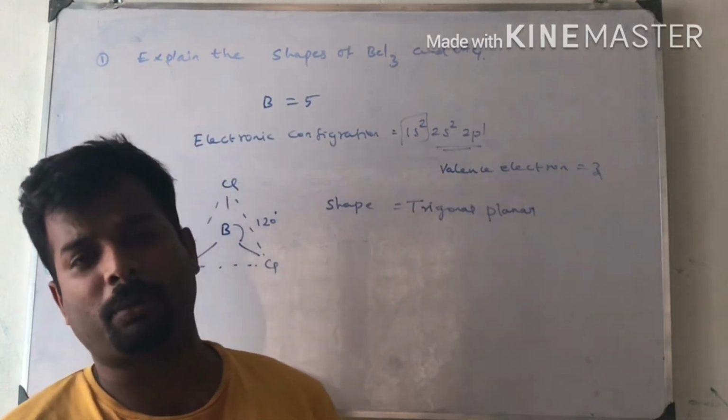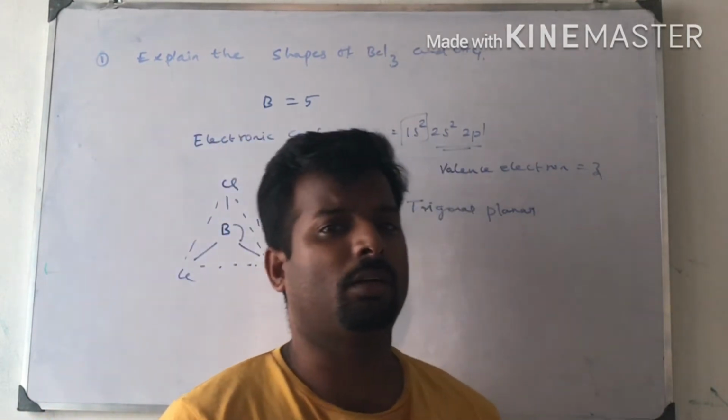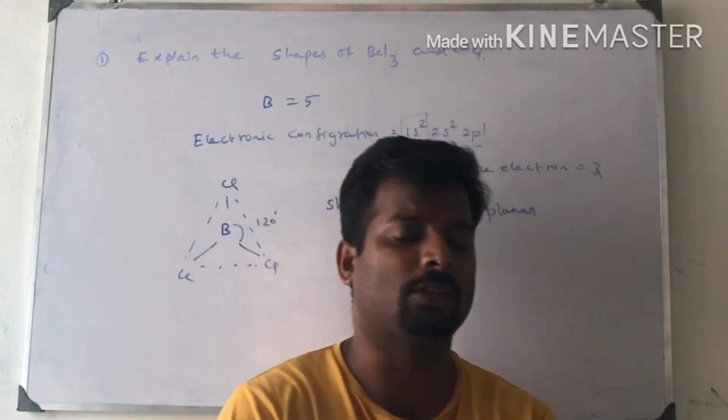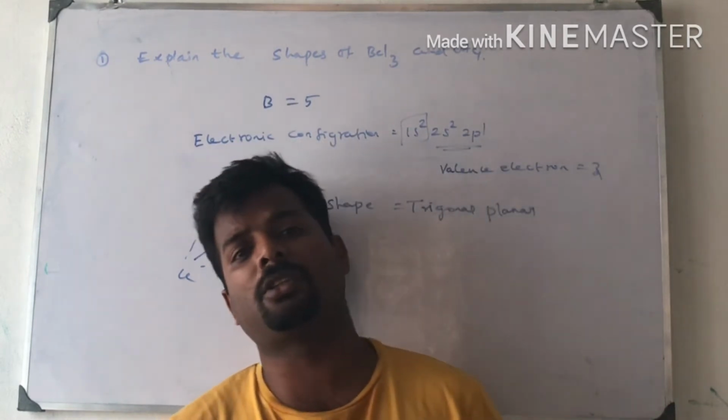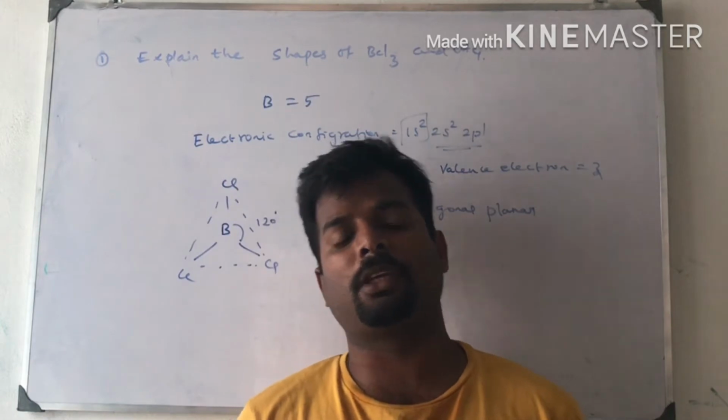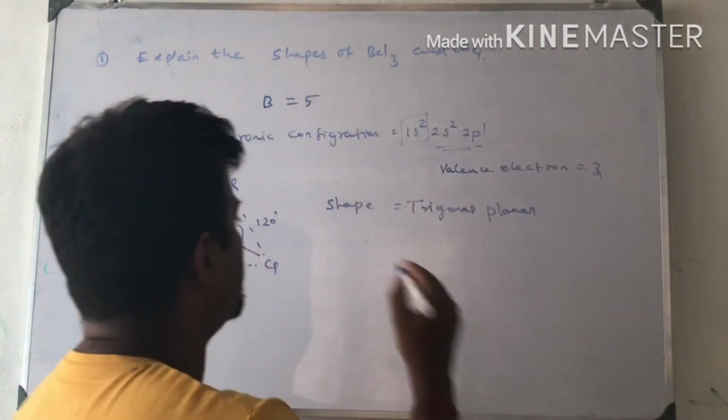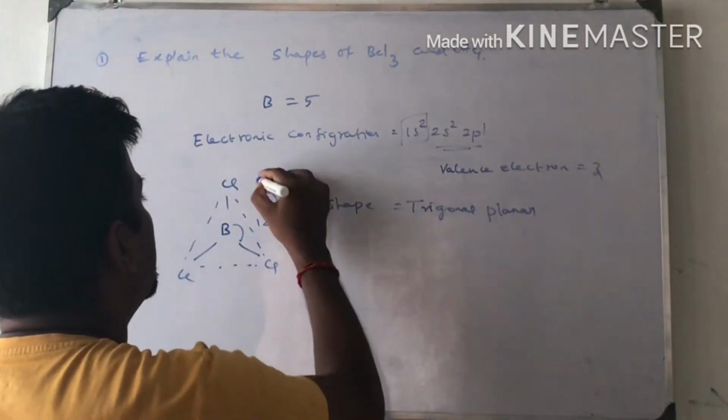To minimize the repulsion between the bond pairs of electrons, the 3 bond pairs are arranged in the corners of an equilateral triangle. Therefore, the distance between them will increase.